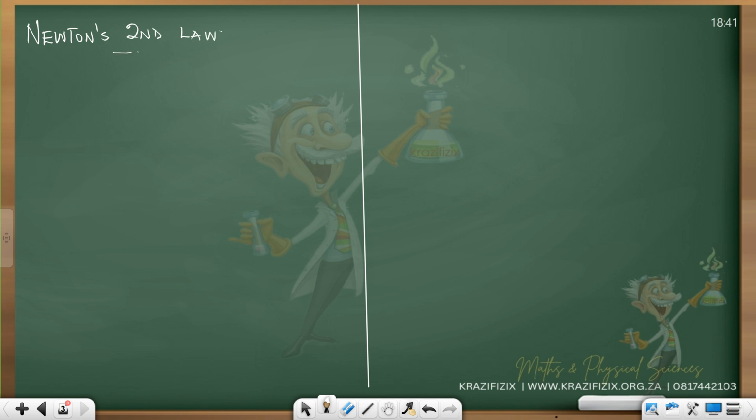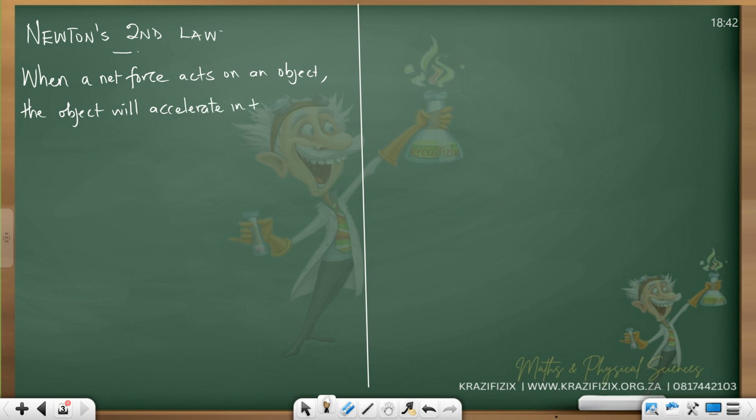We are going to state the law quickly. Then we are going to talk about forces. We're going to describe all the forces we have. Newton's second law states that when a net force acts on an object, the object will accelerate in the direction of the net force.